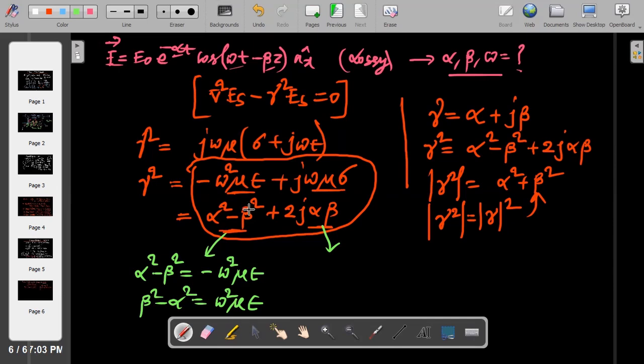Just compare the real part and imaginary part, correct? Similarly, j will cancel, so we can write 2 alpha beta is nothing but omega mu into sigma. Why are we doing all these things? We need to solve the equations so that we will get alpha and beta in terms of these quantities.